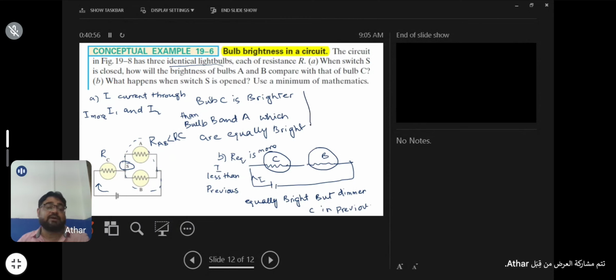I shall give you an example. For this one, say it is 100 ohm, 100 ohm, 100 ohm. What is the equivalent resistance of the parallel part? 50. You studied in the previous first example, two 100s in parallel give you 50. So the total resistance in the circuit will now be 150. So in circuit A, R equivalent is 150 ohm, and in circuit B, 100 plus 100, R equivalent is 200.